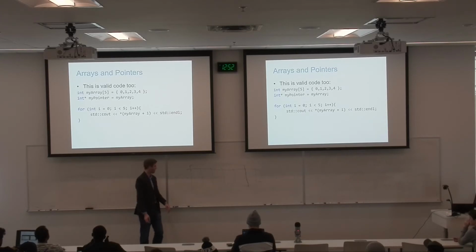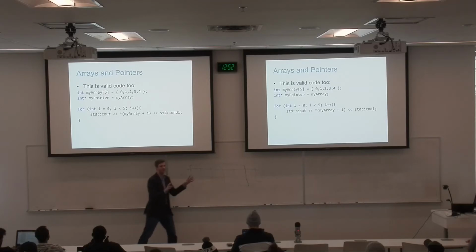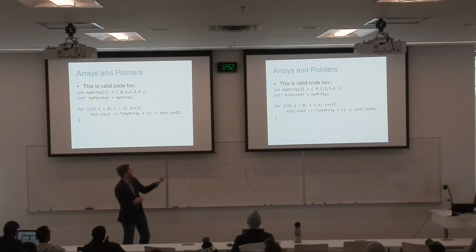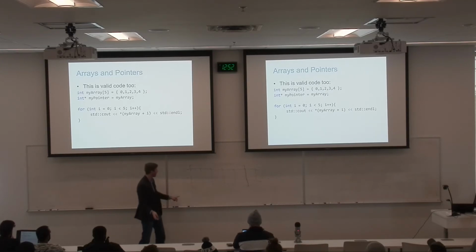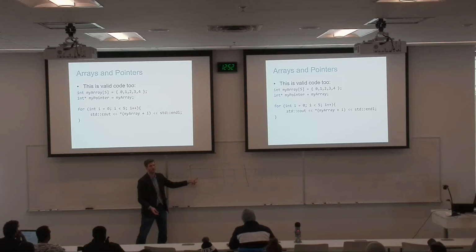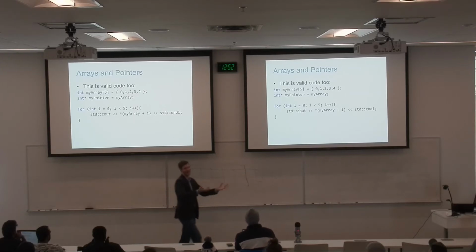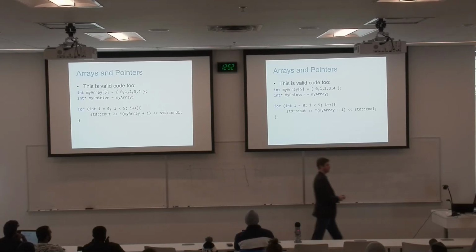Next time I hit run, it could be at location 7014, or whatever. Right now it's whatever the address of the start of the array is. And so an array is really just a pointer to that. So when I say int star my pointer equals an array, my pointer will also be 1000 in this situation. They're going to point to the exact same memory location.